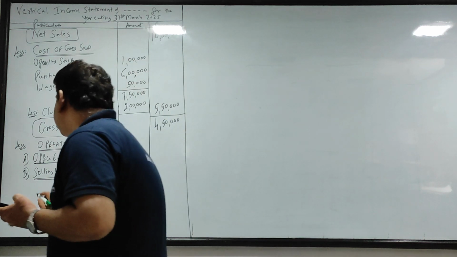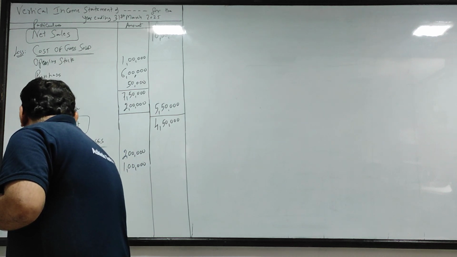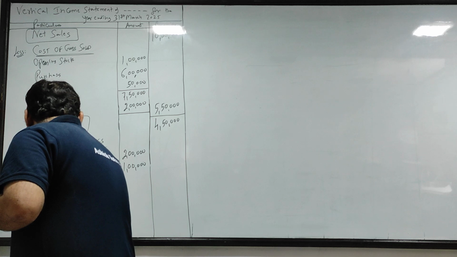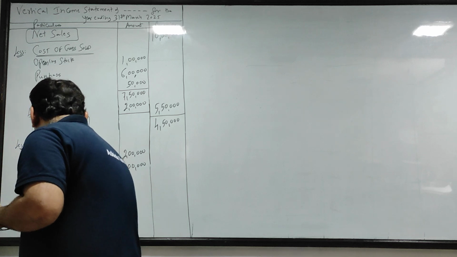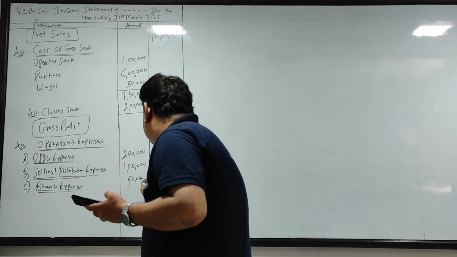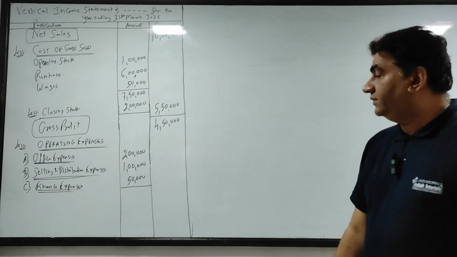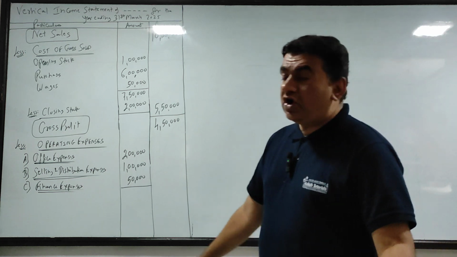Selling and distribution expenses, that is 1 lakh, and C, finance expenses, that is 50,000. Okay, so all the 3 expenses have come. Office is also called admin.